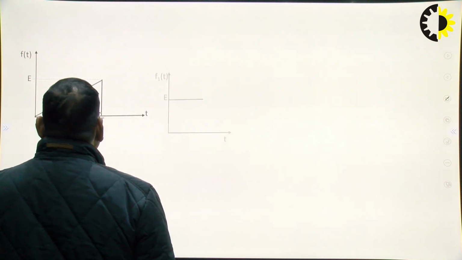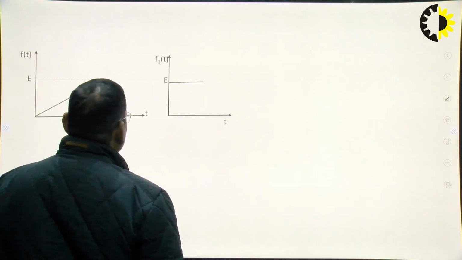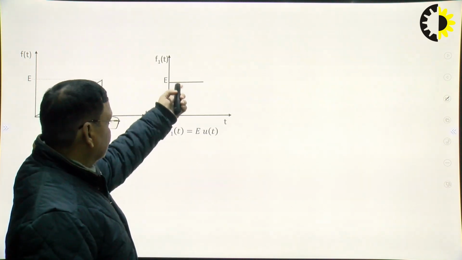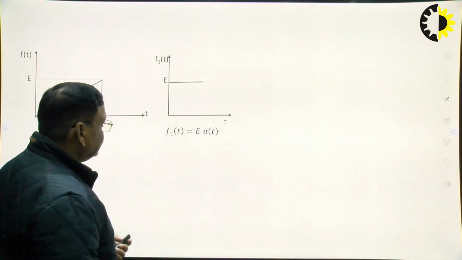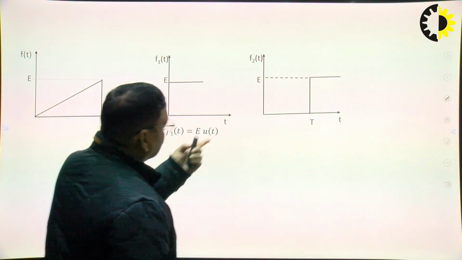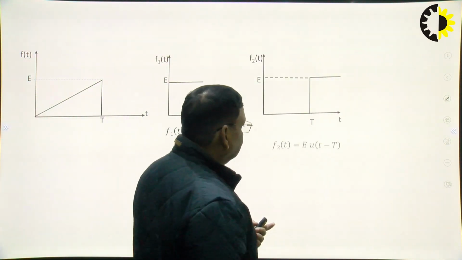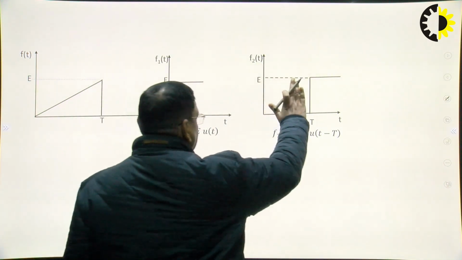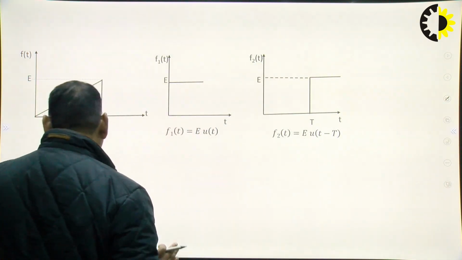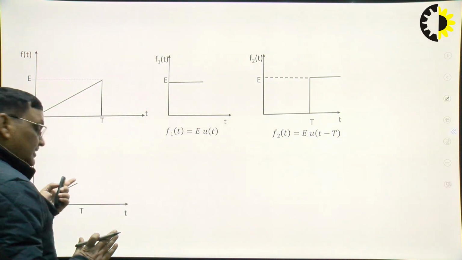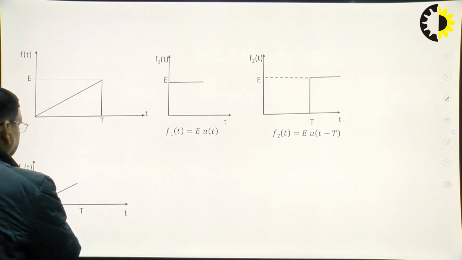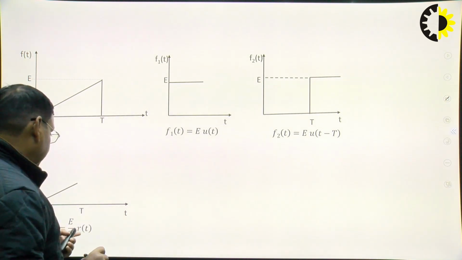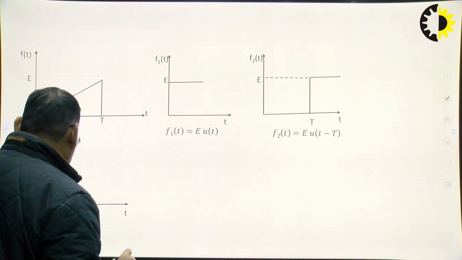So just here I have explained. We know the equation of this line is E u(t). What is the equation of this line? It is E u(t minus T), so it is a shifted unit step. Then, what is this? This is a ramp with slope E by T, so f3(t) is (E by T) r(t). This is the equation of this line.